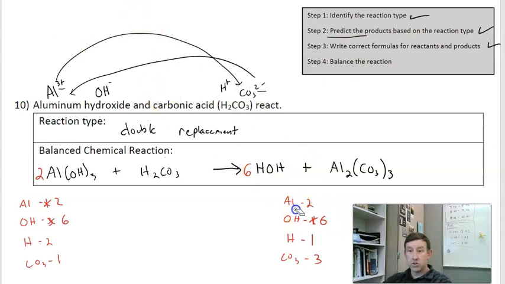That underline, I think this is going to confuse people. Okay, that's there. Now by putting 6 hydroxides there, that also made my hydrogens 6. So in order to turn my hydrogens into 6 over here, I'm going to have to put a 3 there. 3 times 2 is 6. Which also gave me 3 carbonates.